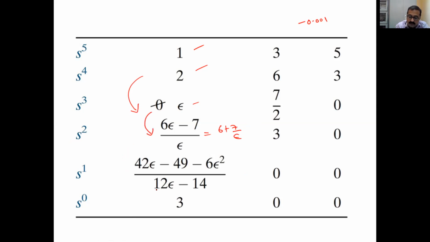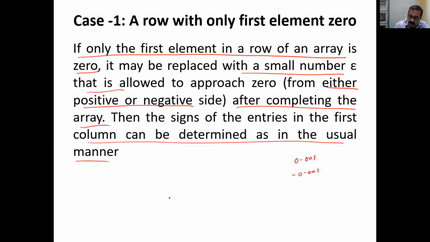And here it will be again plus to minus, minus to plus, and this will be again positive. So the row at which the sign change occurs will just change, but effectively the number of sign changes will be the same. It will be 2. That is why it is written: you can consider epsilon from the positive side or the negative side, the number of sign changes will be the same.